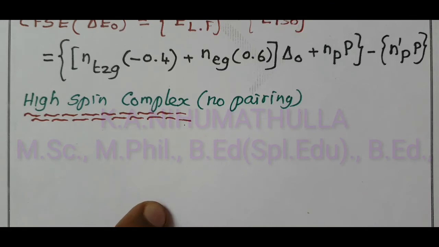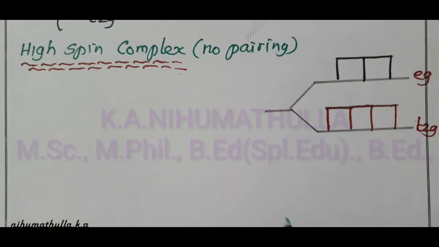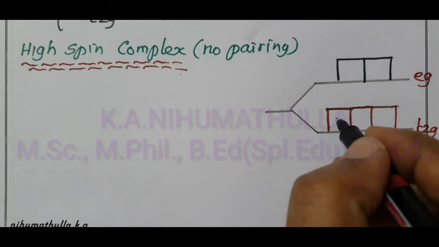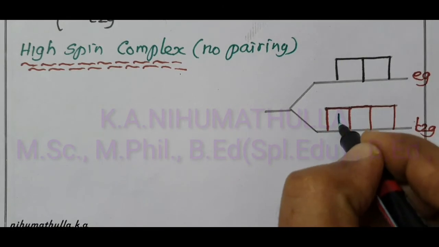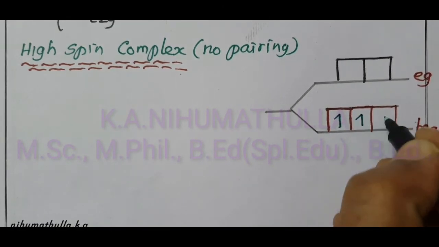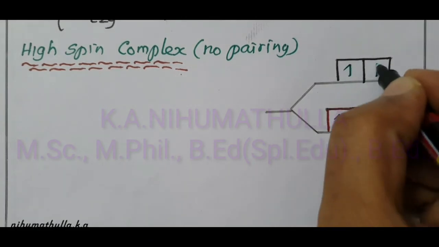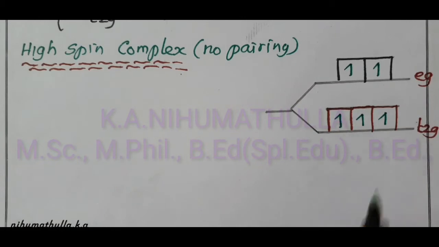How to fill electrons in high spin complexes? That we are going to discuss first. We have 5 electrons in the d orbitals. In high spin complexes, no pairing takes place. Therefore, according to Hund's rule, the electrons enter the different low energy and high energy orbitals.